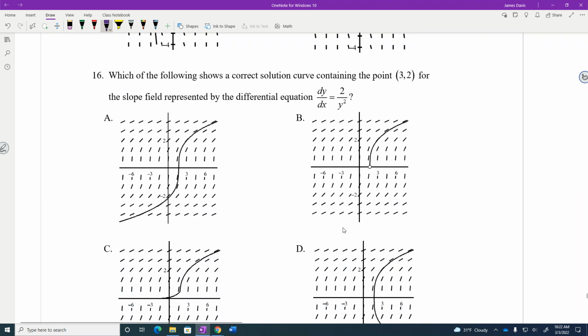Yeah, let's try 16. Which one has 3, 2? They all go through 3, 2.